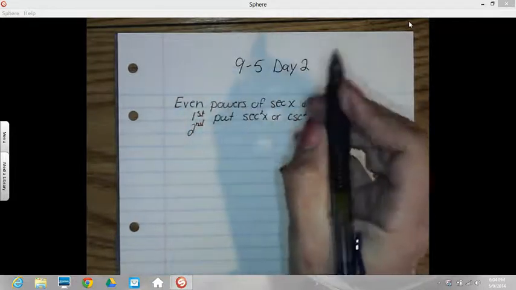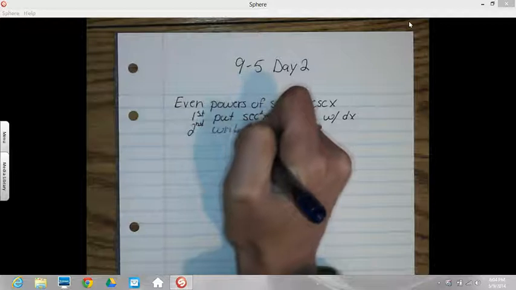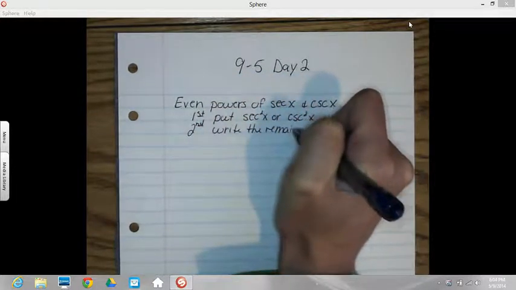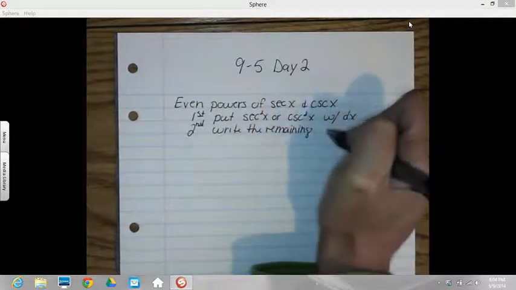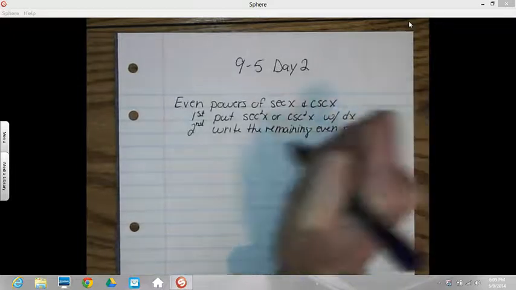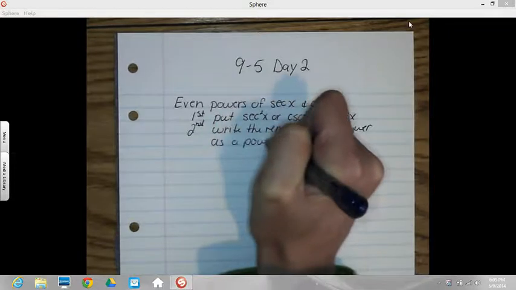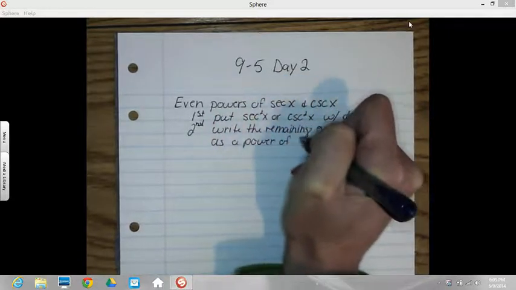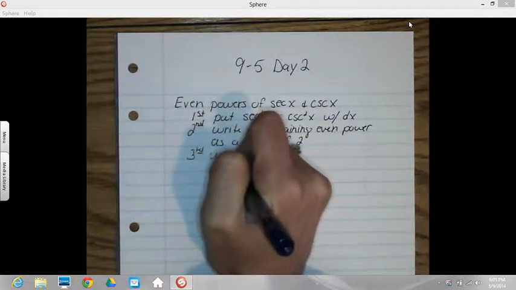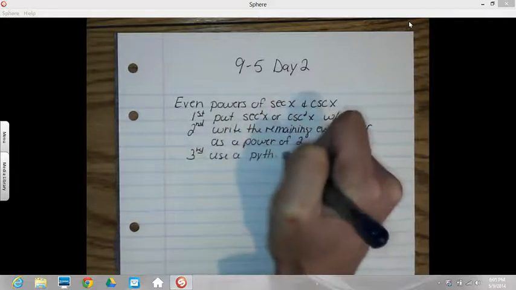Then write the remaining even power as a power of 2. Use a Pythagorean identity, substitution.